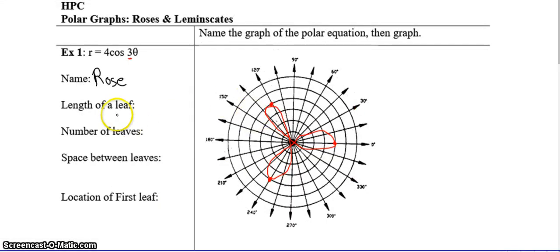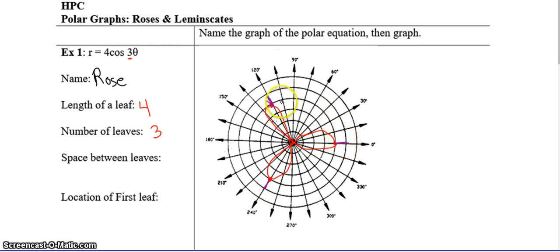Let's ask these questions. The length of the leaf. So if these are all lengths, each length is 4. Number of leaves, how many of those? 3. And what about the spacing? So from here to here to here.